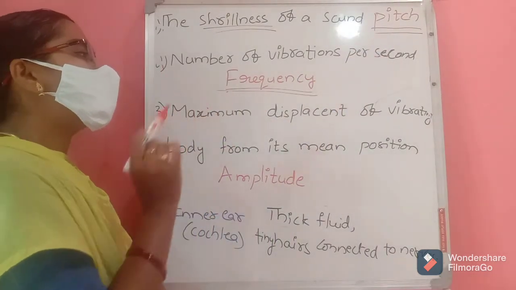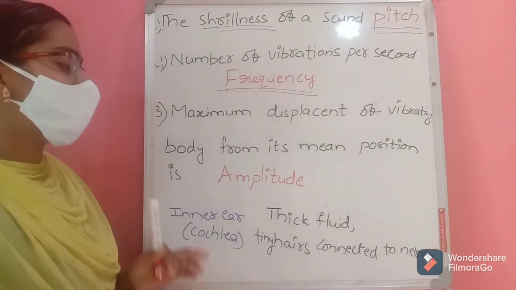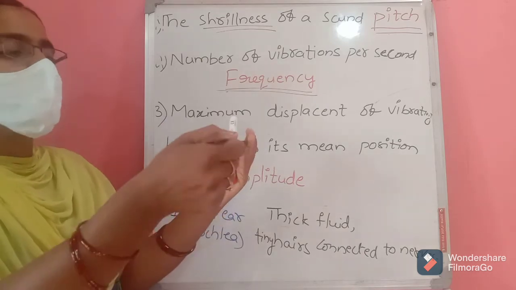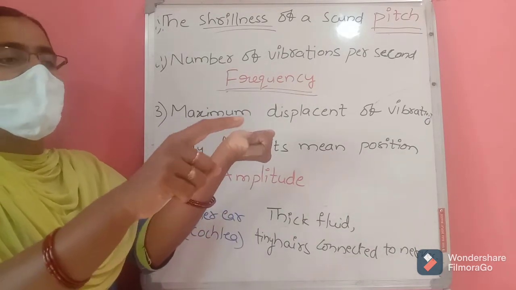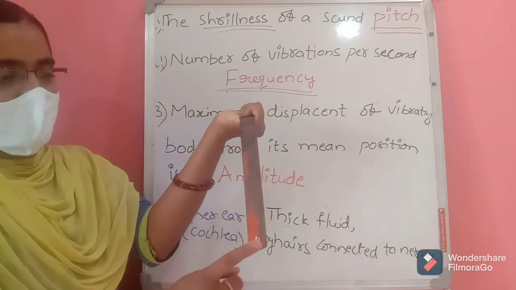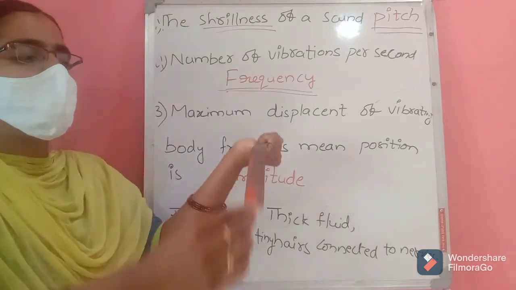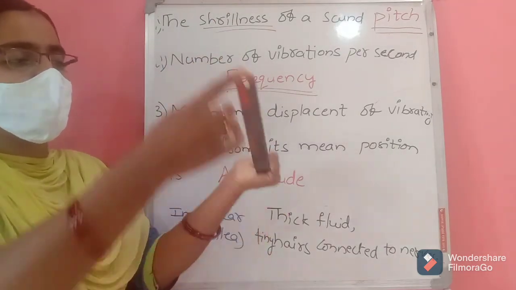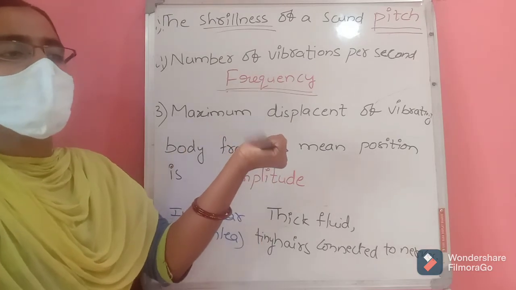Next, the maximum displacement of a vibrating body from its mean position is called amplitude. This is its mean position. When it vibrates, it goes up and down. To and fro motion is called vibration.